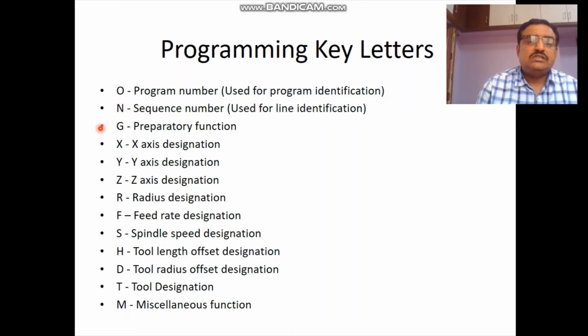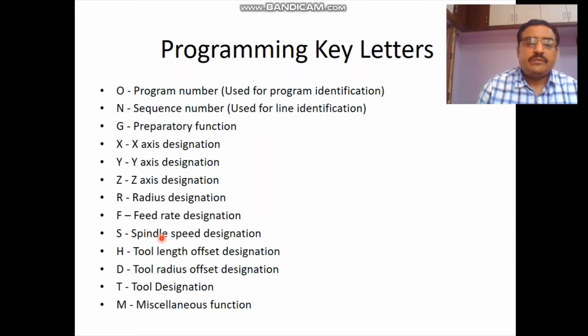G codes are the preparatory functions which define the tool action, the command given to the tool. X, Y, Z are the axis designations. To define the X axis, letter X is used; for the Y axis, Y; and for the Z axis, Z. Letter R defines the radius. Letter F defines the feed rate, at which the tool is moving.